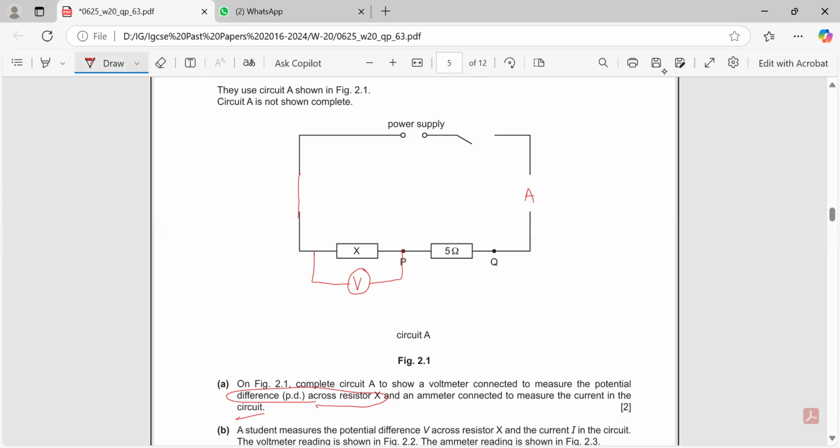That's what I have done. And the other gap here I have filled with a wire, so the circuit is completed. The ammeter does not have to be only in the right hand side gap. It can even be in the left hand side gap, because both of these gaps are in series with the whole circuit.